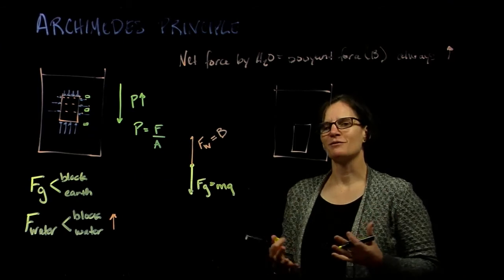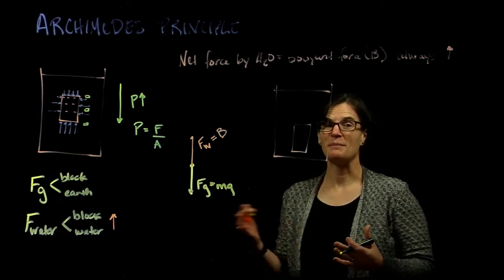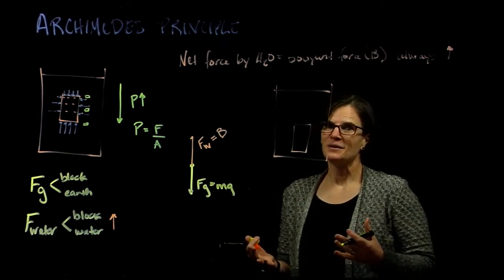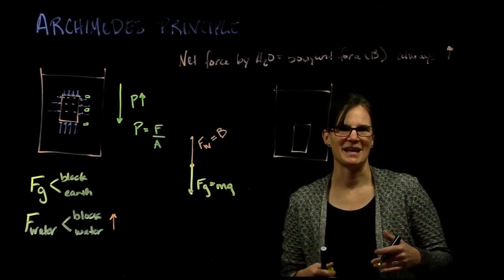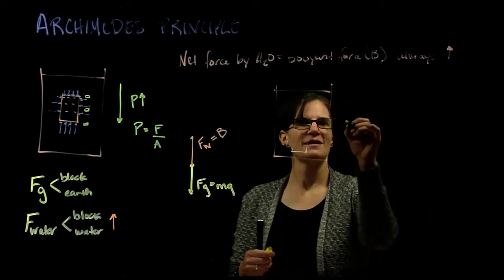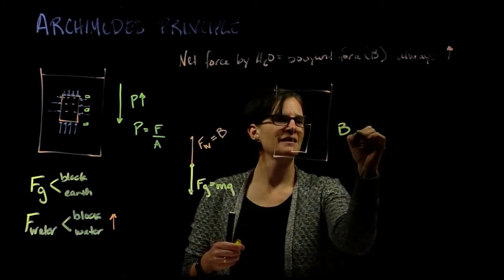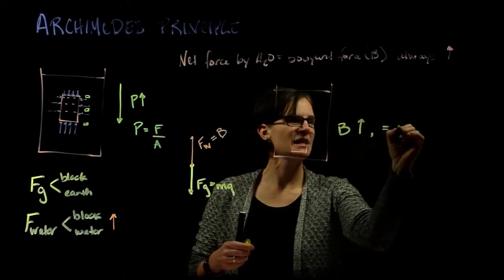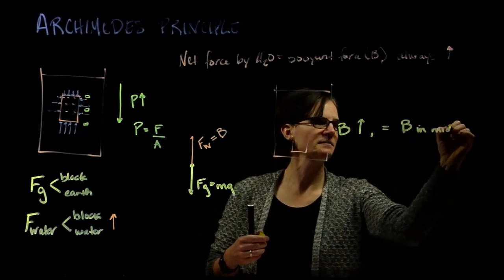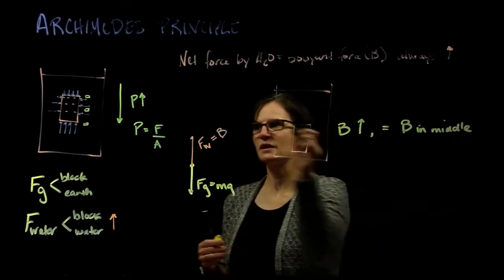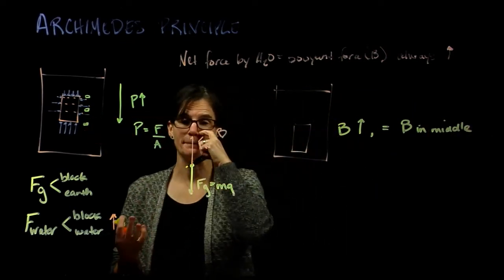So what about the net force? I'm deeper, so my bottom forces are bigger, but so are my top forces. And the difference remains the same. So the buoyant force is upwards, and it's equal to the buoyant force in the middle. So these two buoyant forces are the same.